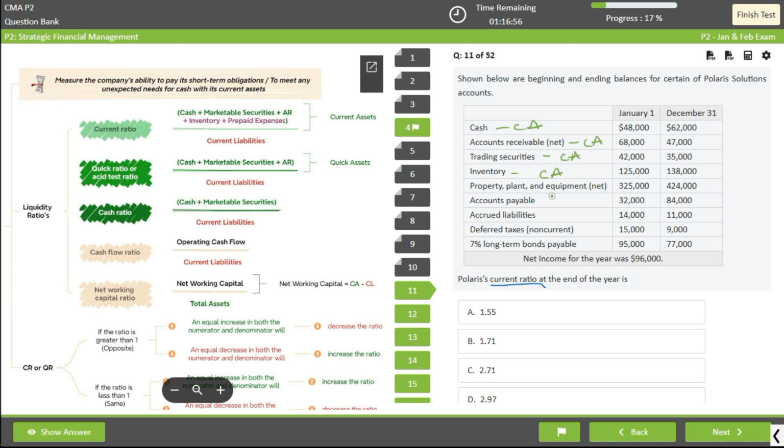Property, plant and equipment, no. Accounts payable is your current liabilities. Accrued liabilities is your current liabilities. So the current liabilities are 95,000, and the current assets is 2,000 plus 47,000 plus 35,000 plus 138,000, which is 282,000.